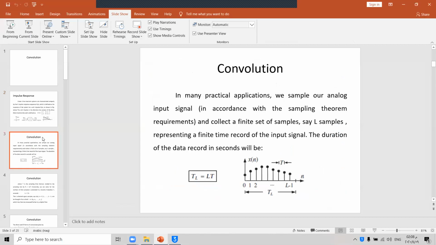Now, let's go to the next slide to make the whiteboard ready.